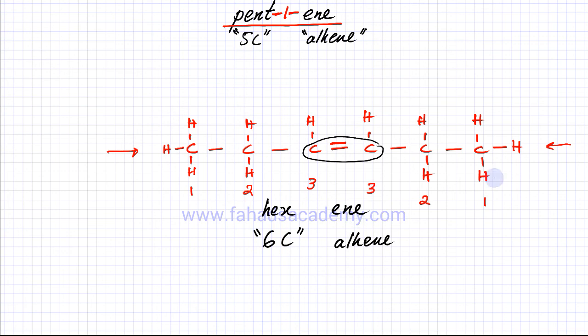So if I count from the right hand side or from the left hand side, in both cases the double bond is located at carbon number 3. So it doesn't matter in this case which side you're counting from. It's always going to be hex 3-ene, whether you count from the right or from the left hand side. So the name of the molecule is hex 3-ene.